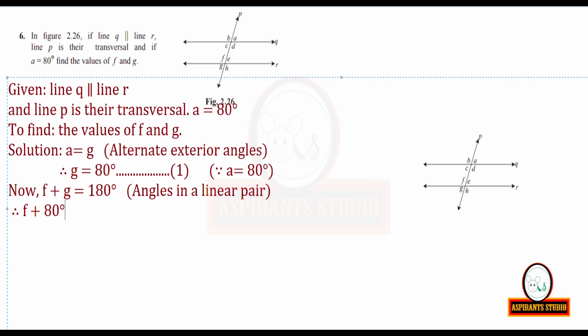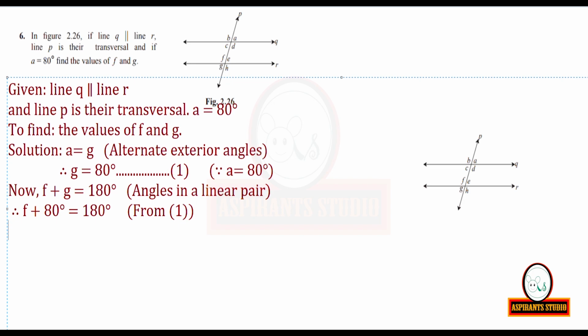So we have this step, F plus 80 degrees is equal to 180 degrees. The reason is from equation 1. You have to write within brackets the reason. You can write by equation 1 or from equation 1. Anyhow, it has to be written.